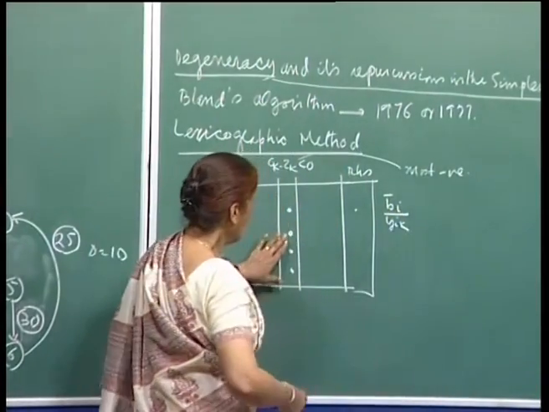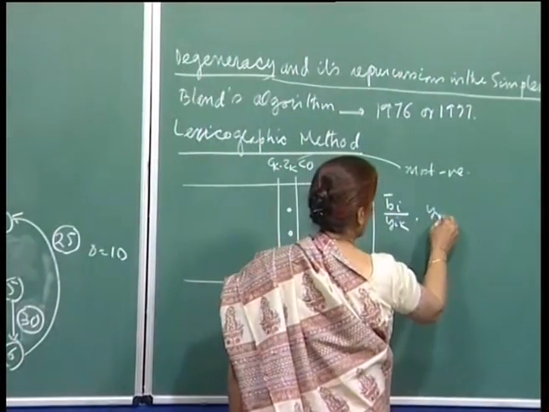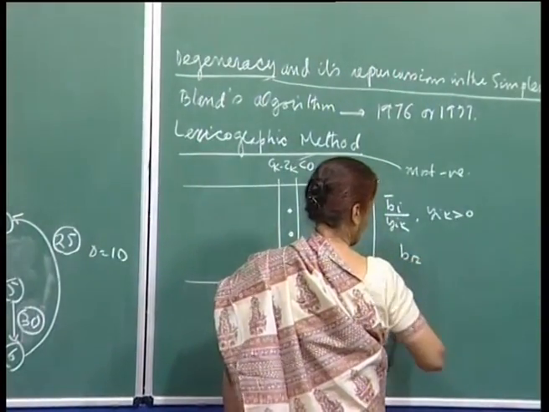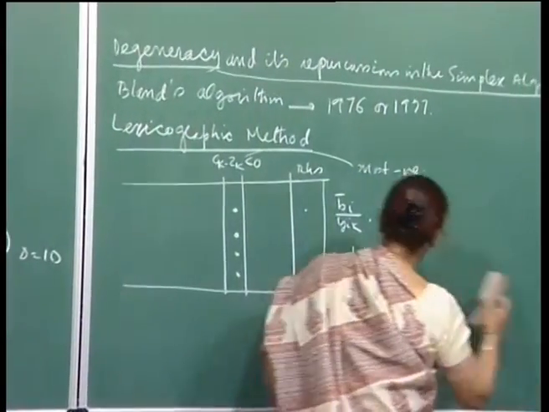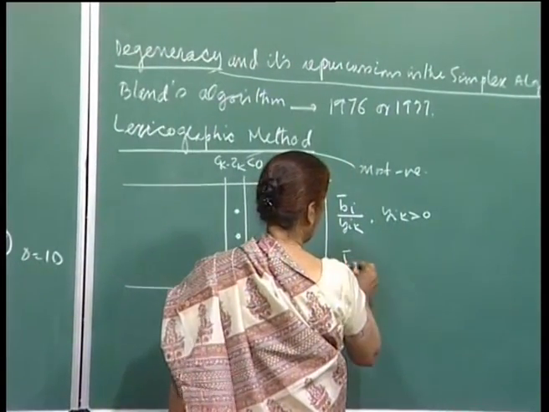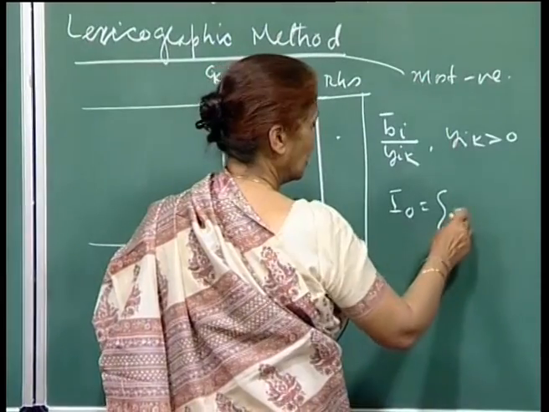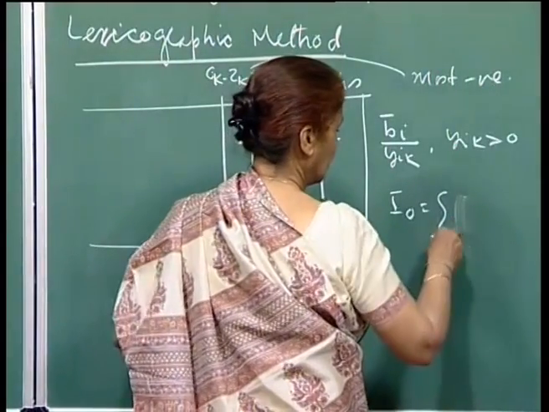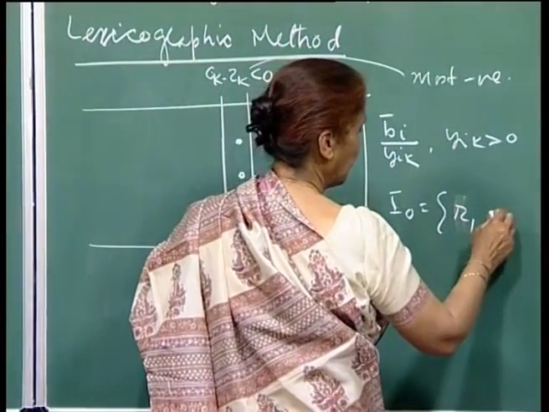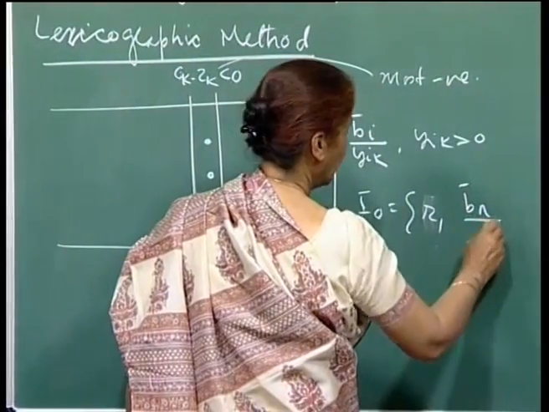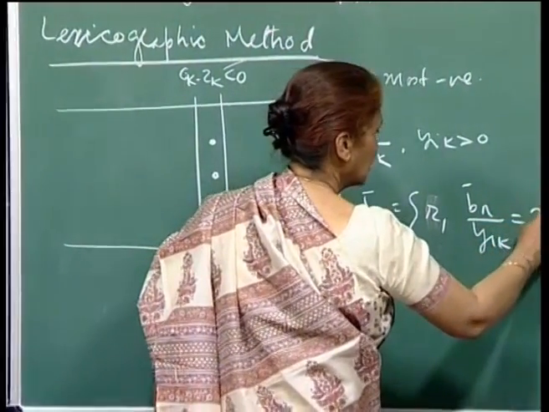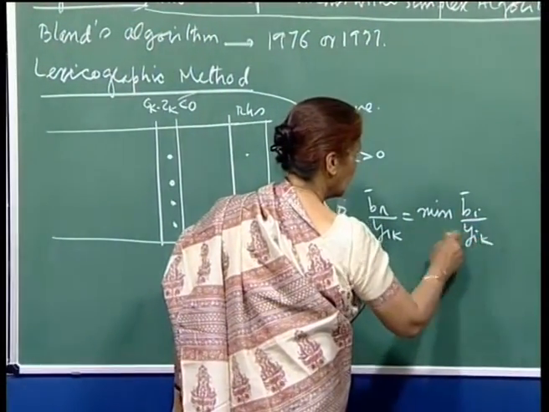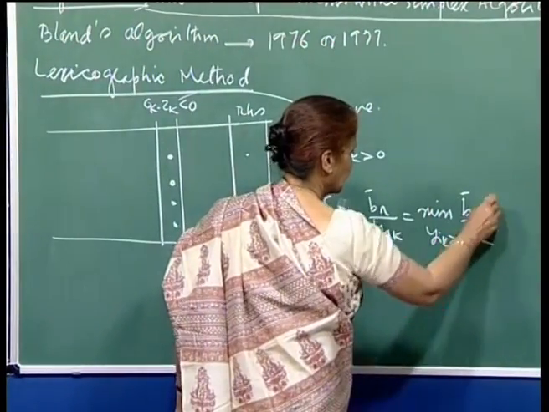So, we took the ratios where yik is positive, right, and then we said that let me write the index set here. So, we said that let I naught be equal to all R such that bR bar upon yRk is the minimum of bi bar upon yik, yik positive.